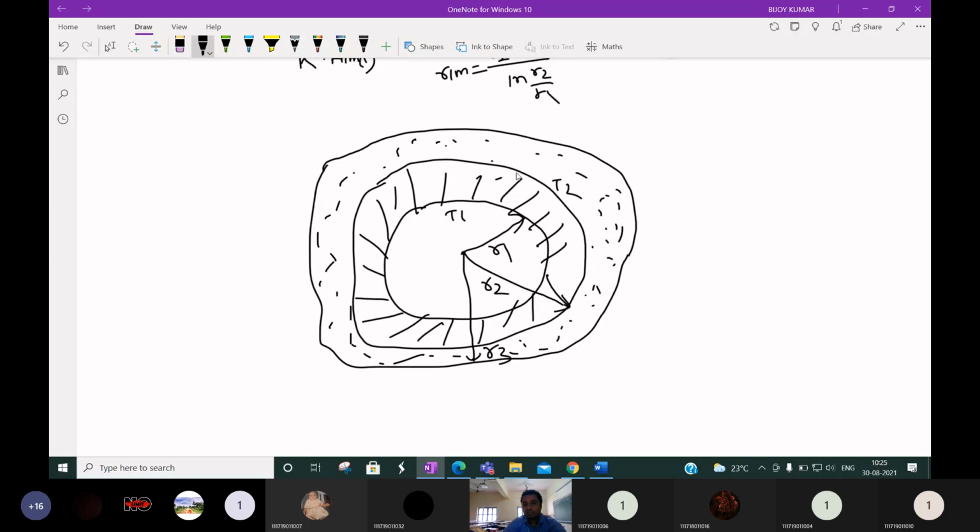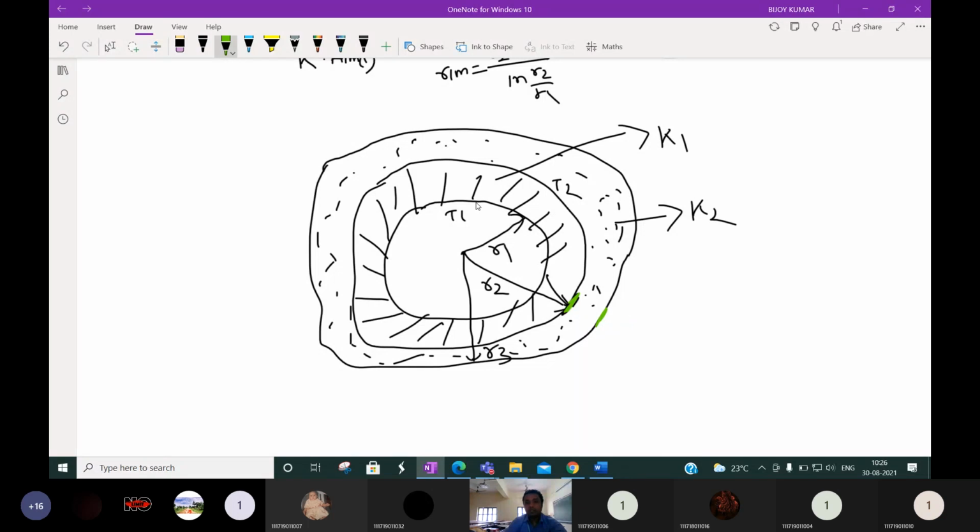Suppose this inner cylinder has the thermal conductivity K1. This outer cylinder has thermal conductivity K2. The inside and outside radius of the first or inner cylinder are R1, R2. And the inside and outside radius of the outer cylinder will be R2 and R3.